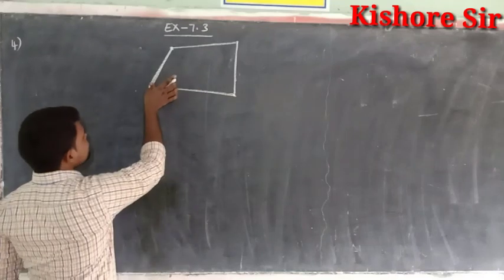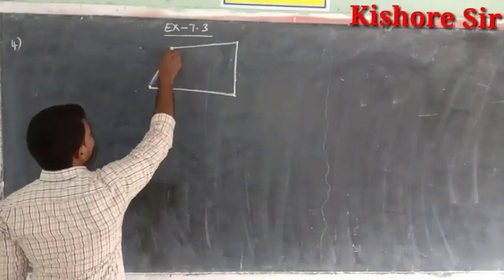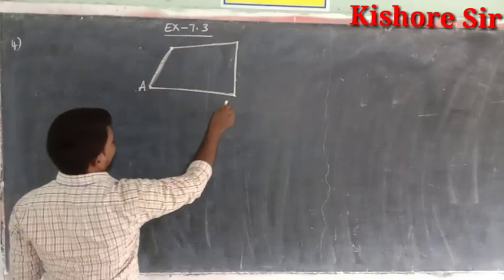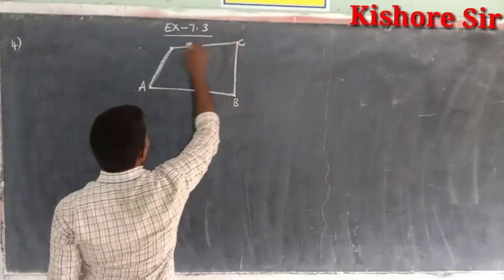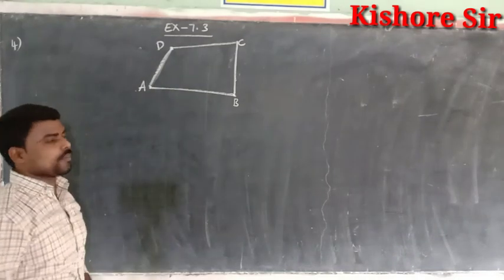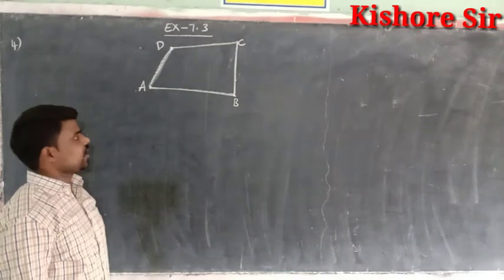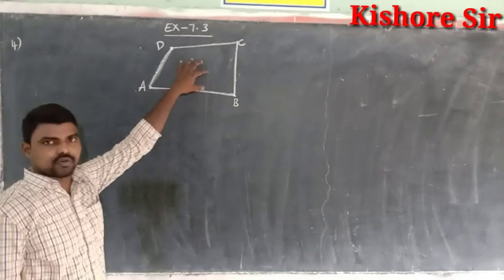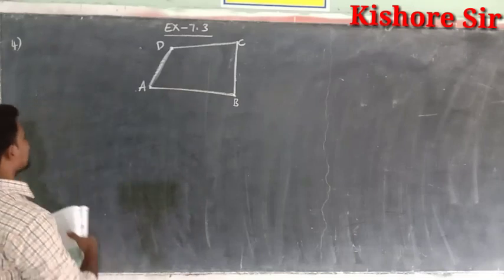Suppose we take this quadrilateral as ABCD. So ABCD is a quadrilateral. We have to find the area of this quadrilateral. Okay, first write the given points.